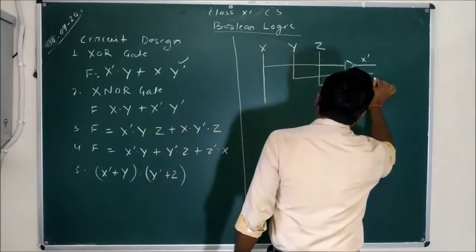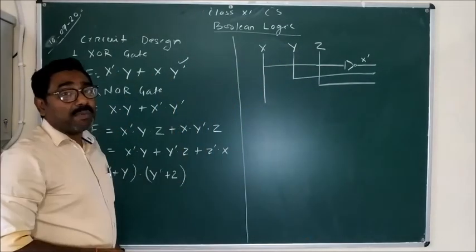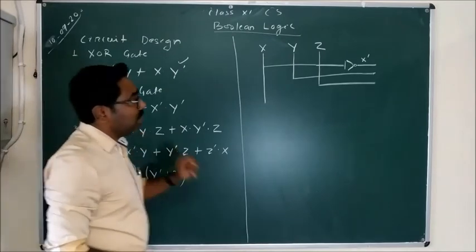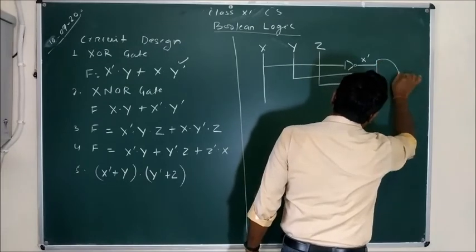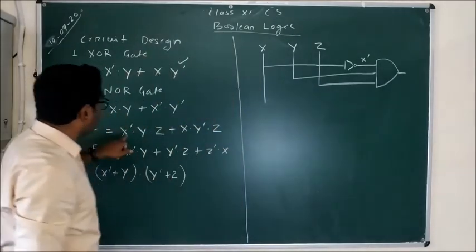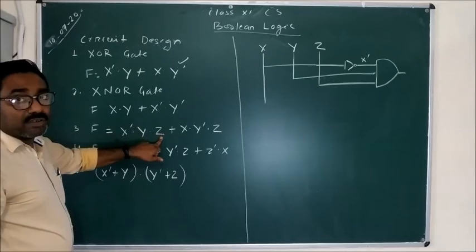Z is directly without having NOT gate. Now all these three can be passed through an AND gate for the dot operator. So together all these three I am passing through an AND gate. Now this is the first term, that is x dash dot y dot z.